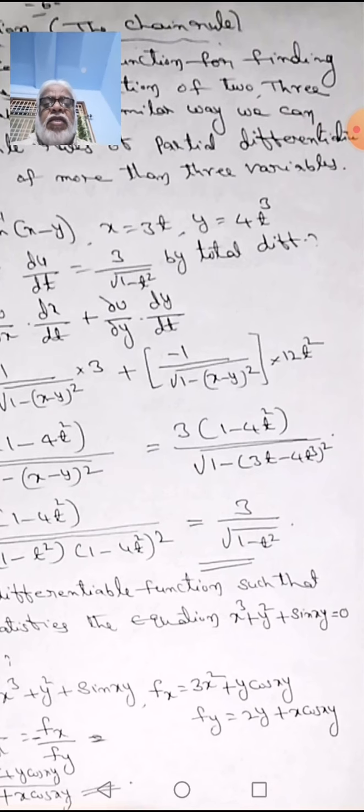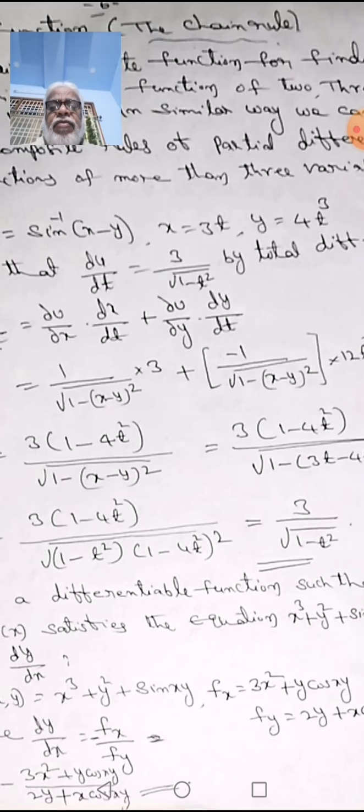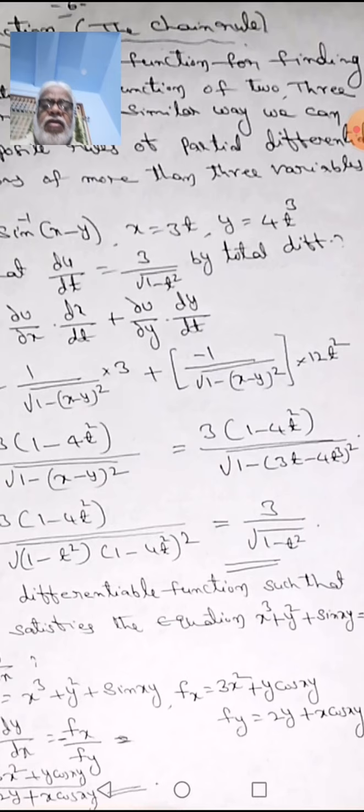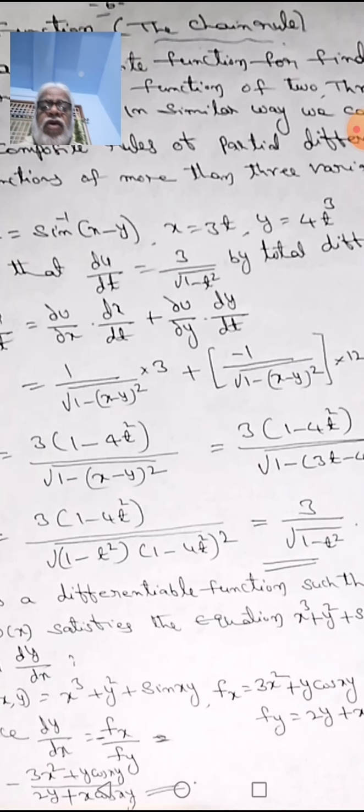What is common in 3t minus 4t cube? t is common, and it can be written as 1 minus t square into 1 minus 4t square whole square. If we simplify this, we get 3 by 1 minus t square into under root of 1 minus 4t square whole square, so numerator and denominator cancel, and we get 3 by under root of 1 minus t square.